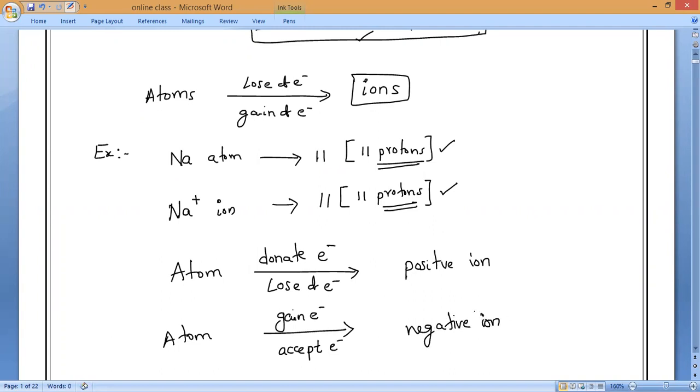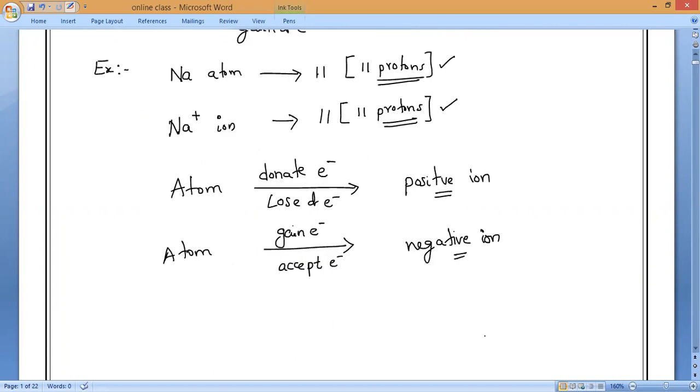So by loss of electrons, positive; by gain of electrons, negative. That is what you have to remember. I have given you totally 4 examples: 2 for loss of electrons and 2 for gain of electrons. Yesterday I taught you, yes?